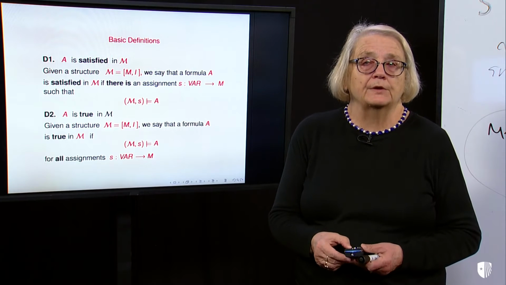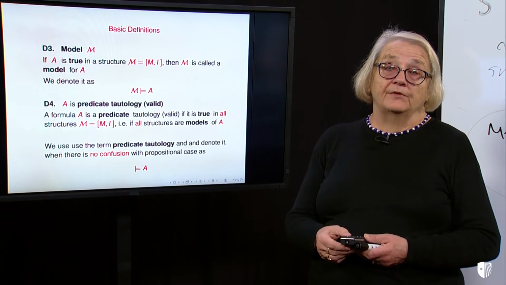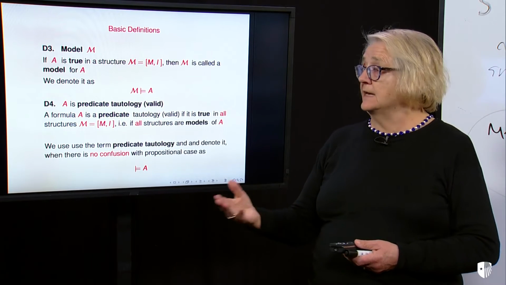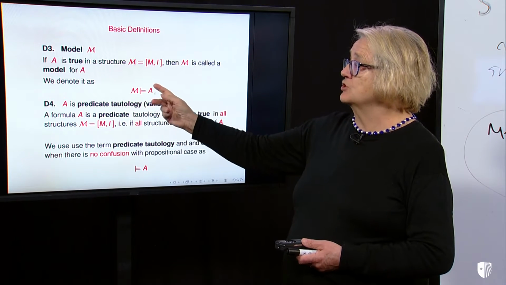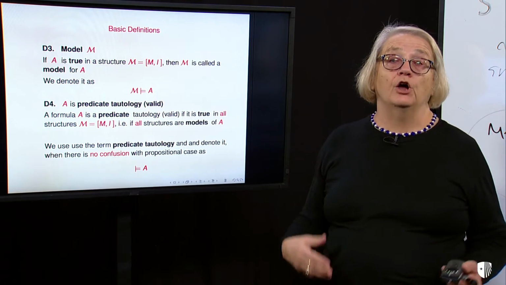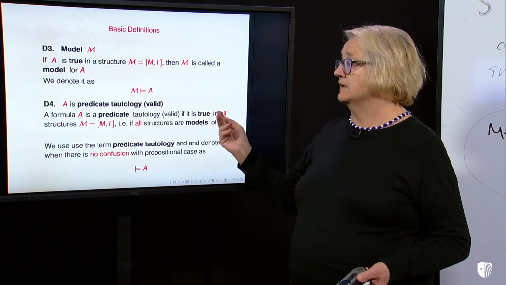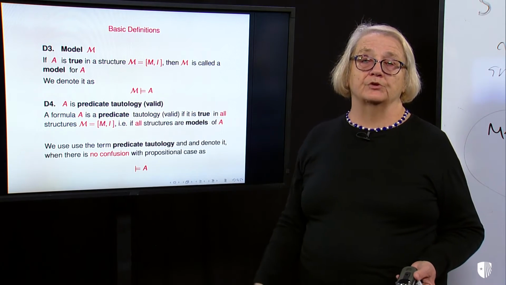So we already covered the definition, and the structure M is a model in this case: if M satisfies A, or A is true in the structure, M is called a model. A is a predicate tautology, or valid, if it's true in all possible structures, right?